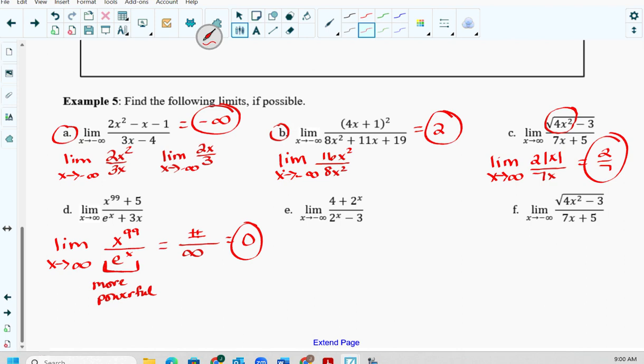Okay. E also a little weird. Let's look at this one. Actually, I don't even need a limit anymore. So we're going to keep all the pieces here because let's look at what happens when we plug in negative infinity.